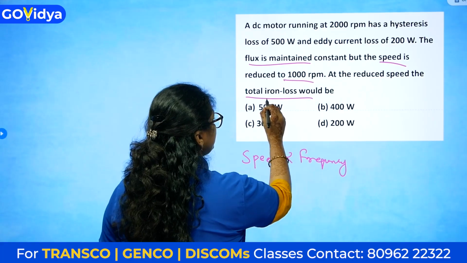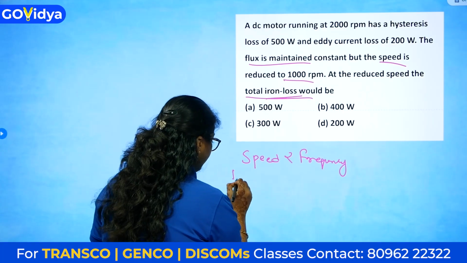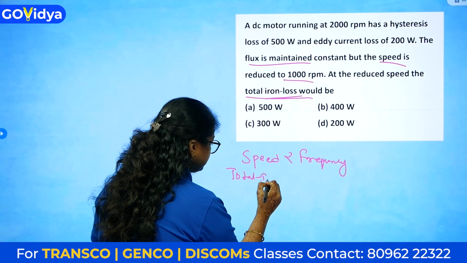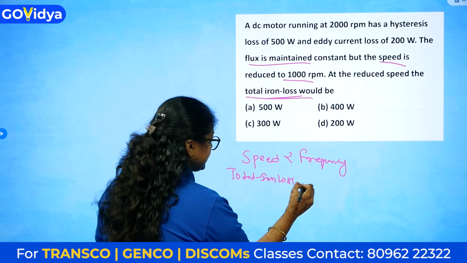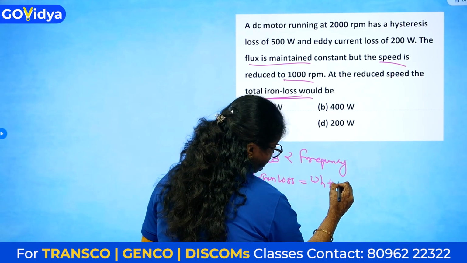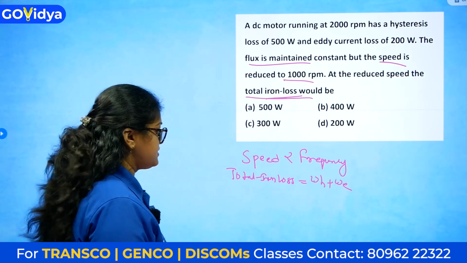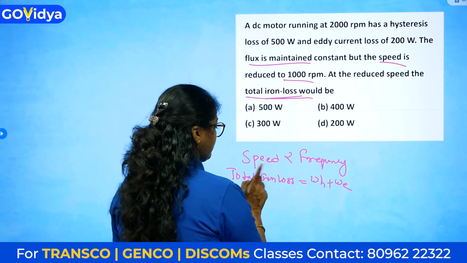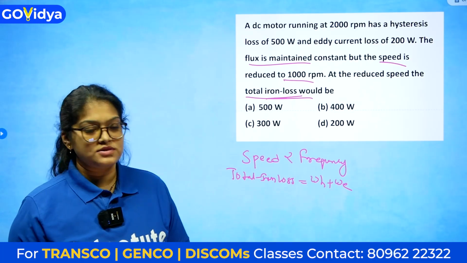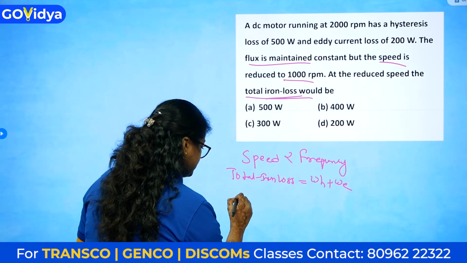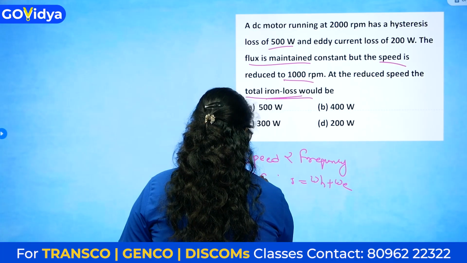But I have to calculate the total iron losses. Total iron losses means, can I write the hysteresis losses plus eddy current losses? Yes. Hysteresis loss plus eddy current losses gives the total iron losses. Let's find the hysteresis loss.